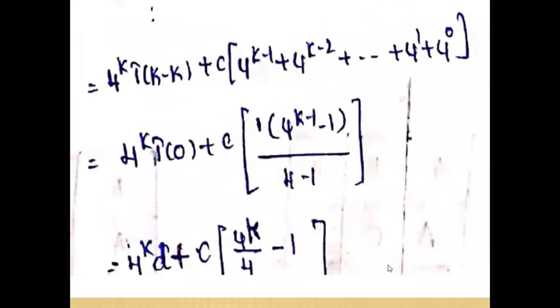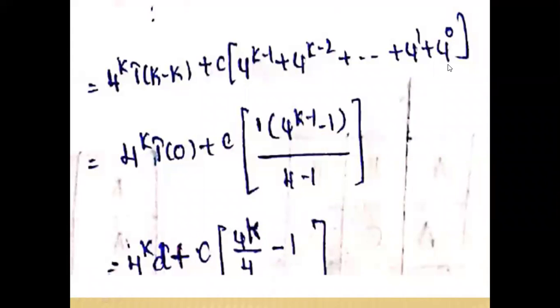So in generalization, 4 power 3 t minus 3 into 4 square plus 4 plus 1. Same in the generalization formula, it is 4 power k t of k minus 1 plus c into 4 power k minus 1 and k minus 2 plus k minus 2 minus 1.